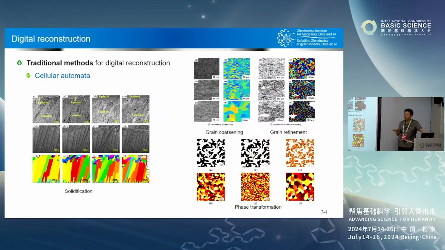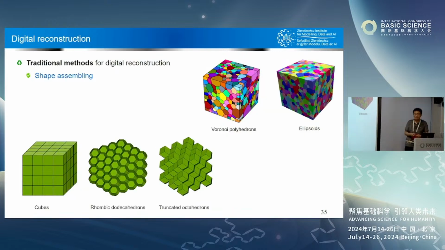What people try to do, say using the so-called cellular automata, is a purely algorithmic approach: grains of different sizes, different orientations, which I just box and pack to form the structure.